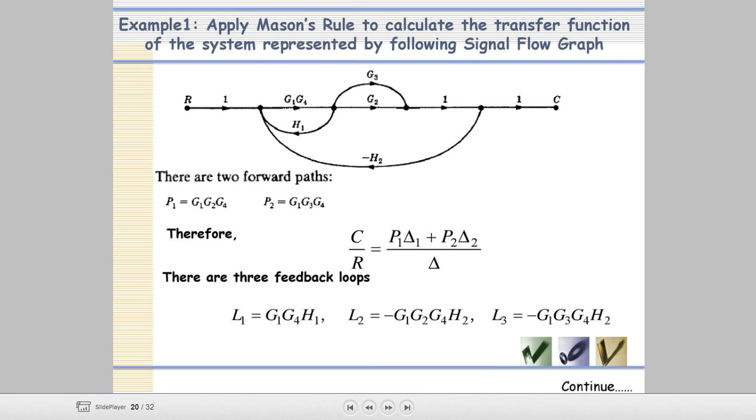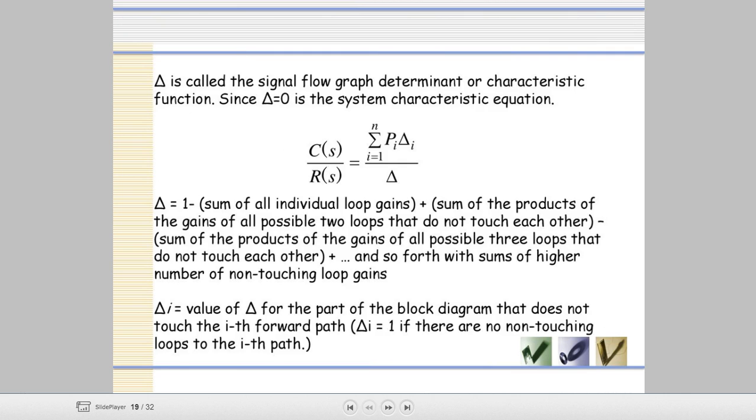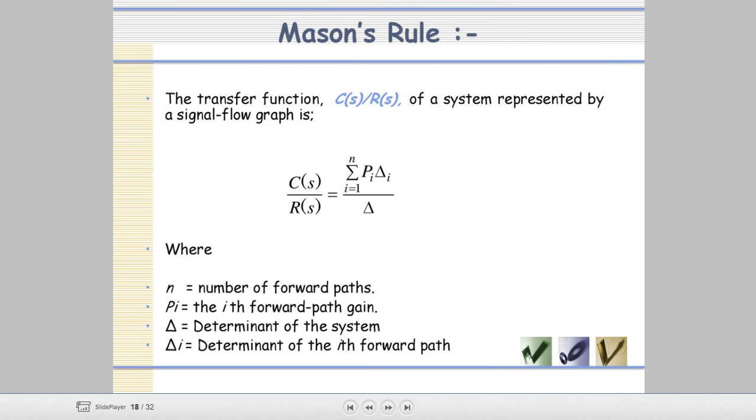So we know Mason's gain formula. If there are 2 forward paths, the formula will be like this: P1 delta 1 plus P2 delta 2, divided by delta. If there are 3 forward paths, the formula is P1 delta 1 plus P2 delta 2 plus P3 delta 3, divided by delta. Very simple. The summation from i=1 to n, where n is the number of forward paths.